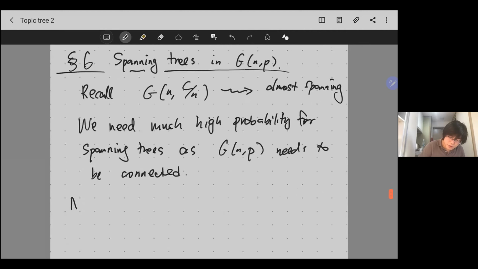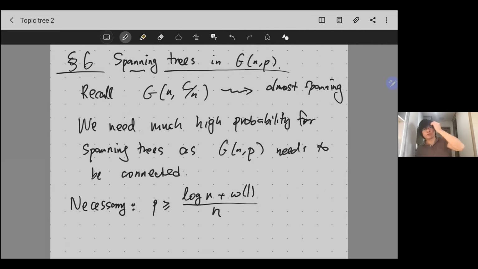Okay, so this is a necessary condition. This happens when p is bigger than log n over n. We just need a little bit bigger. Quite a sharp threshold for this. This is in fact also the same threshold for minimum degree at least one.